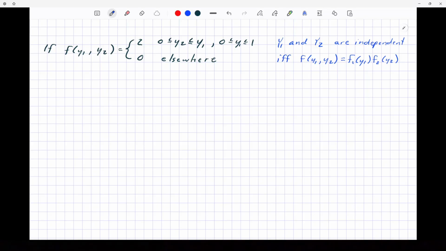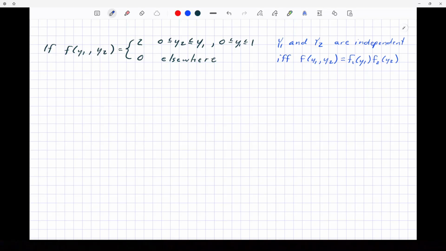And if we fail to show this, or if we are able to demonstrate that this is not true, that these are not equal to each other, then we can demonstrate that they are in fact dependent upon each other in at least some way. So with that as background, let's see what we can do.